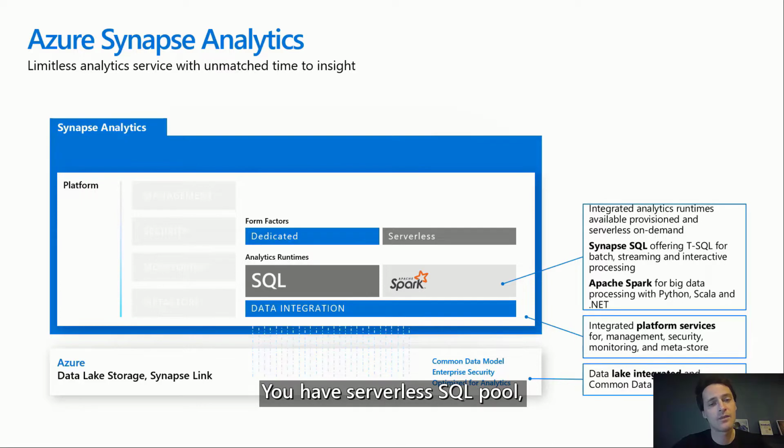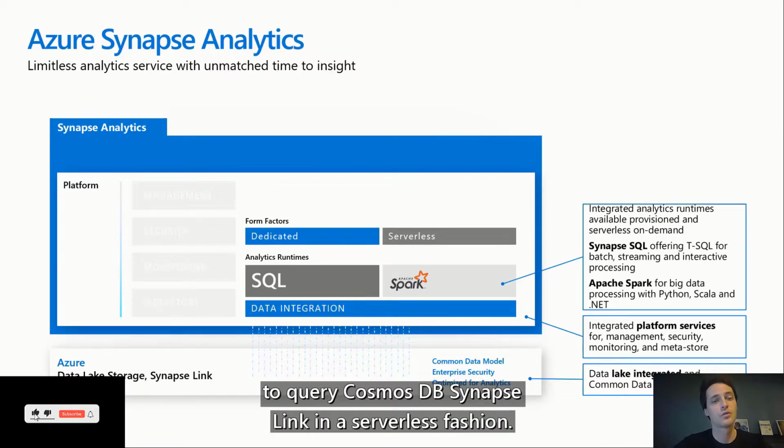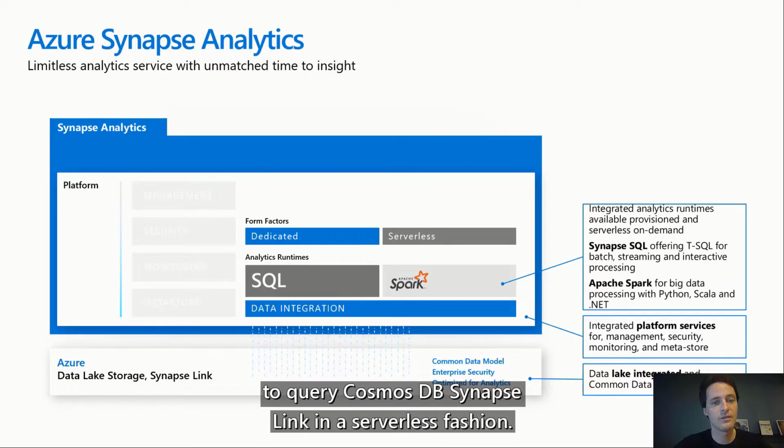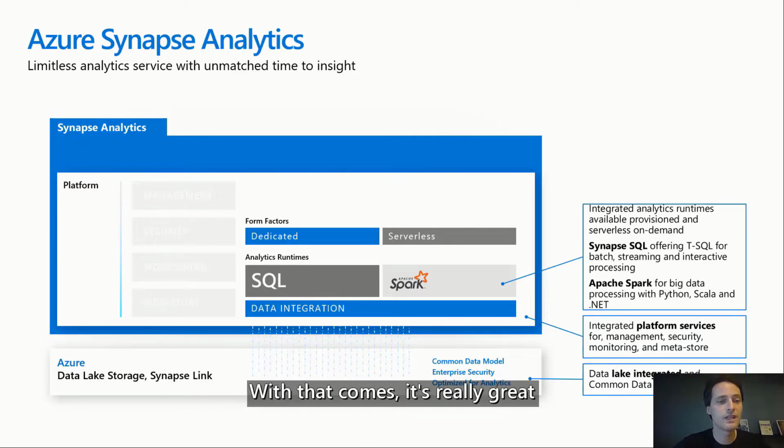You have serverless SQL pool, which gives you the capability to query the lake, to query Cosmos DB Synapse Link in a serverless fashion. So you do not say how much compute you need. You basically can start querying directly the lake or Synapse without provisioning anything.